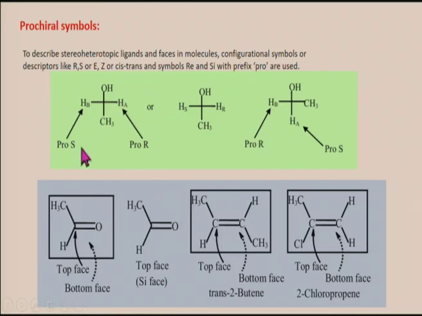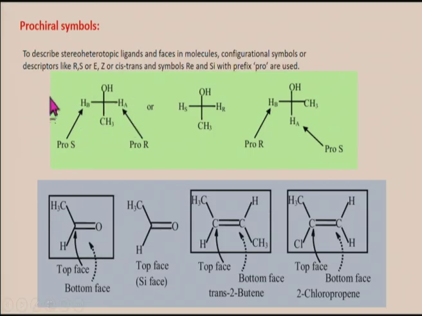So, what is Pro R and what is Pro S here? Pro R means, for example, here already we have the 3 priorities here. You can see OH, right, hydroxy group and methyl group here, and 2 hydrogens are same, right.